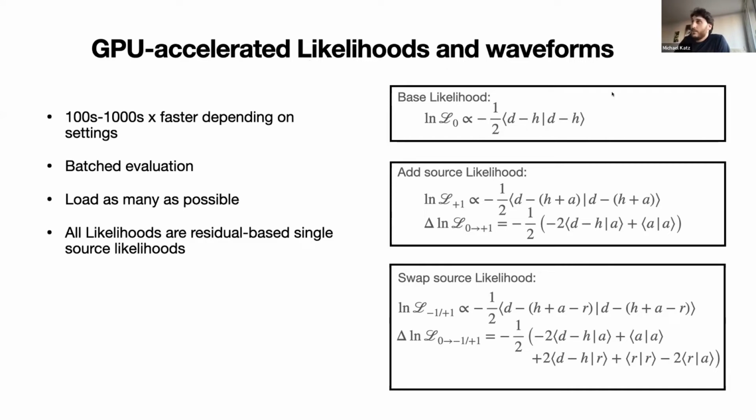The base likelihood, the regular likelihood we're used to, is up here at the top. You would compute this after you have created this amassing of templates in the letter H here. If you add a source like we do in reversible jump, you can add it right here, like you see the letter A. And if you do the math, you can get to the point where you see that the change in the likelihood from the base likelihood is given by two single source likelihood terms.